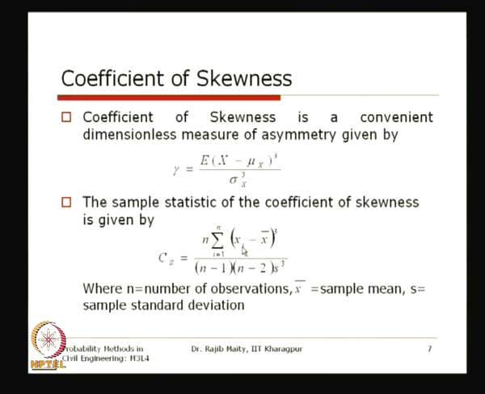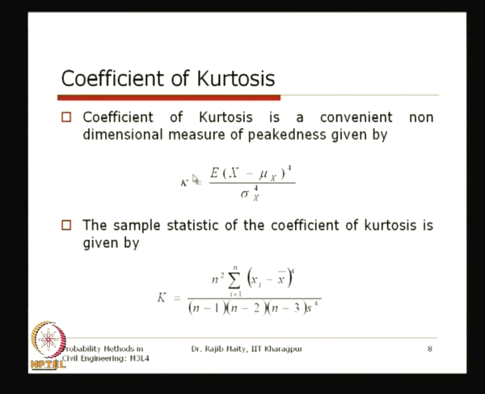Now we will go to the fourth moment with respect to the mean, which is known as the kurtosis. The measure of kurtosis is the fourth moment with respect to the mean. So we take the expectation of the function x minus mu x to the power 4.